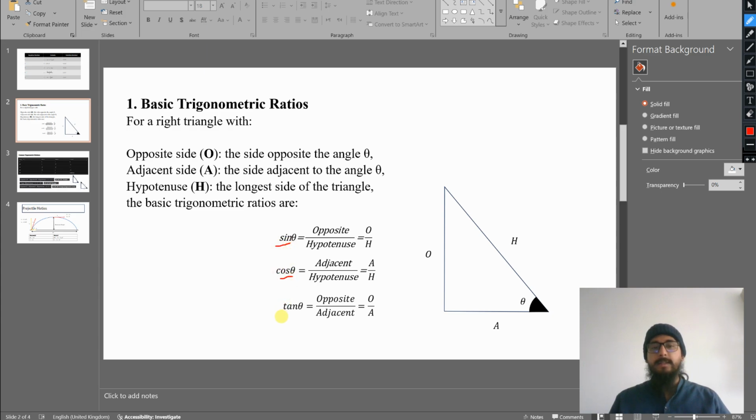Sine theta, cos theta and tangent theta belong to a right angle triangle in which one angle is under consideration.